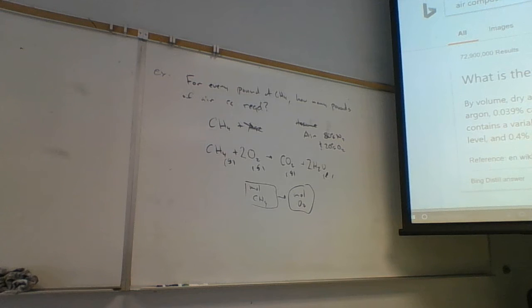If it's a mass percentage, then it would be 20 grams of O2 for every 100 grams of air. However, if it's a mole percentage, then it would be 20 moles of O2 for every 100 moles of air.